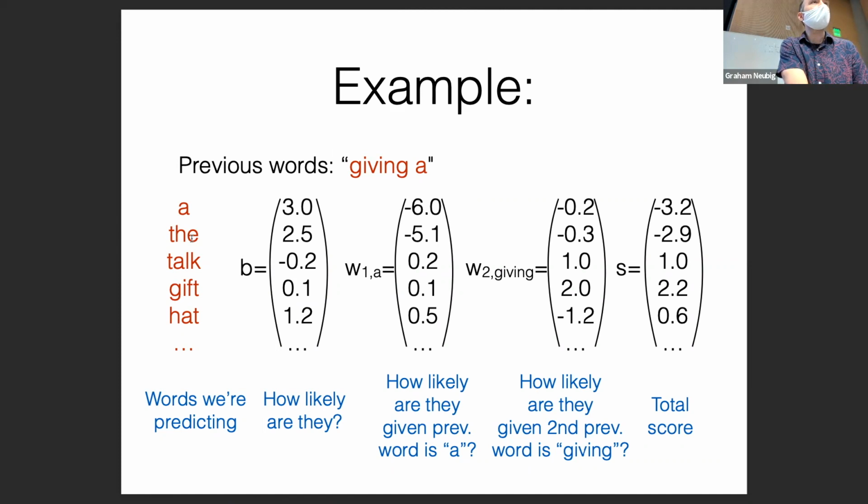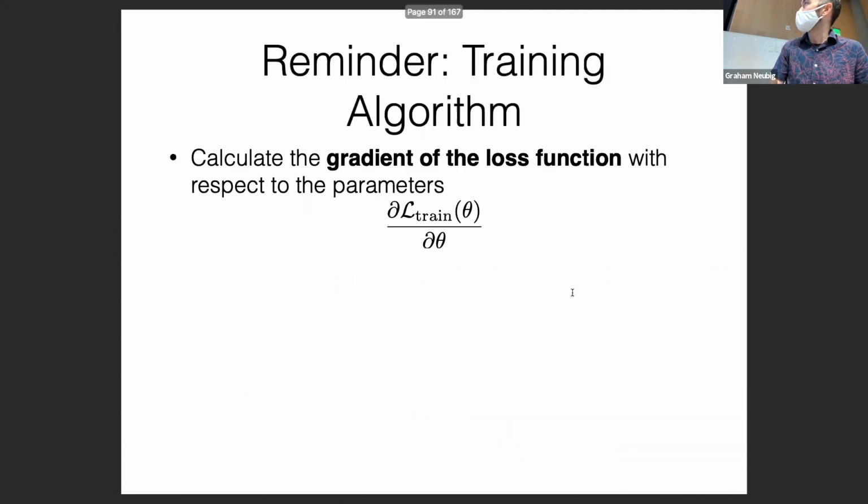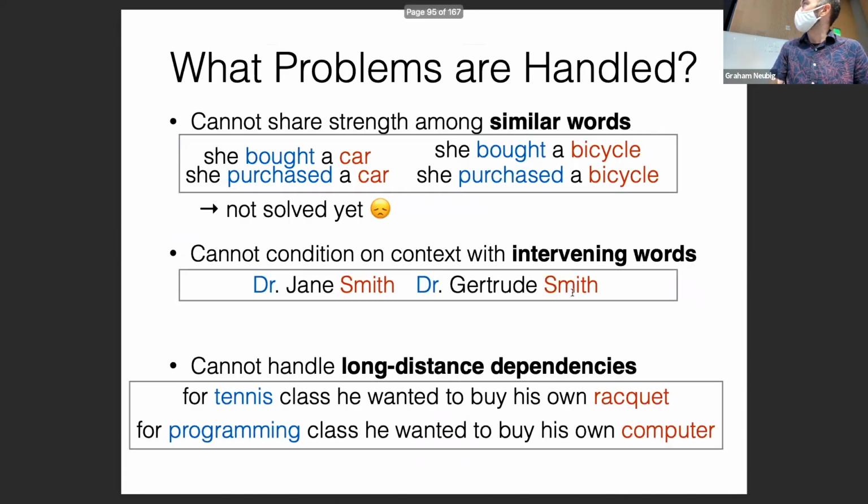Because of this, we wouldn't update the probability of giving and delivering simultaneously. There's no interaction between the features here. So that doesn't make it possible to easily capture these kinds of things.